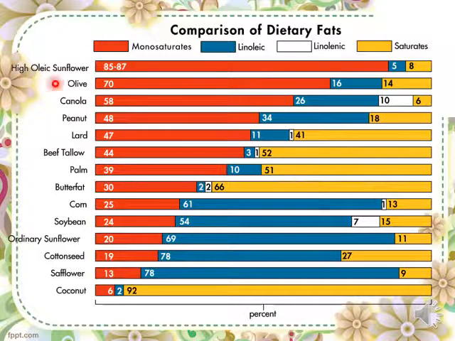If you see here, high oleic sunflower will have the highest percentage content of monounsaturated compared to saturated fatty acid. On the other hand, coconut will have the highest content of saturated fatty acid compared to monounsaturated.